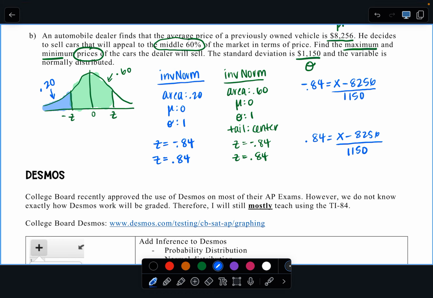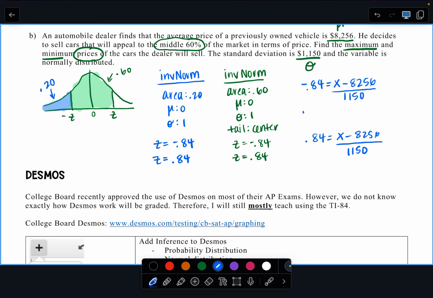0.84 equals x minus 8256 over 1150. College Board does not require seeing your algebraic work, so you don't have to say that you're multiplying by 1150 and adding 8,256. I even just do all of that in my calculator and don't actually write anything down.